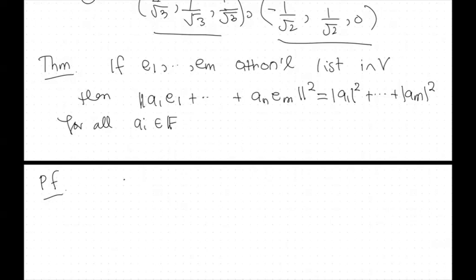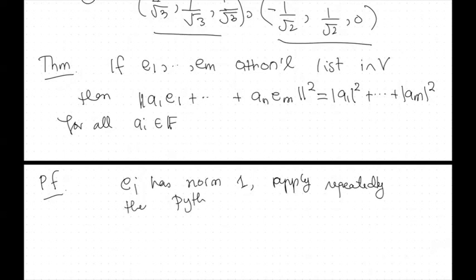Note that each e_i has norm 1, and then apply the Pythagorean theorem repeatedly. I will not show that very explicitly.